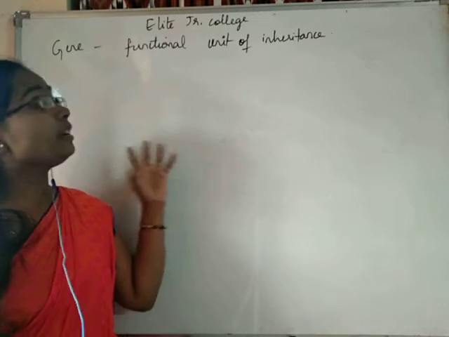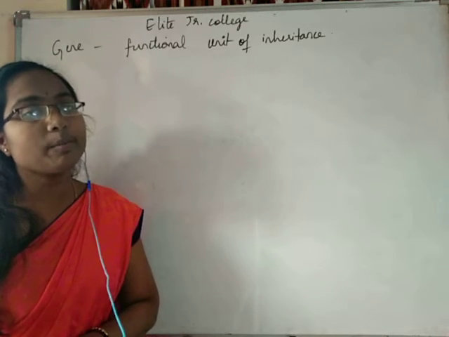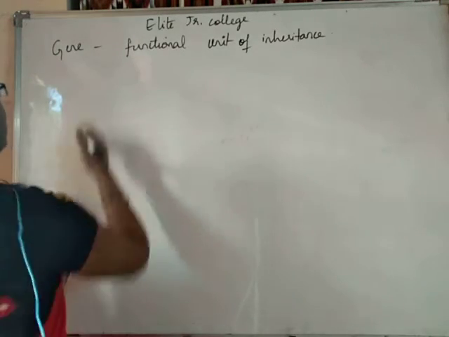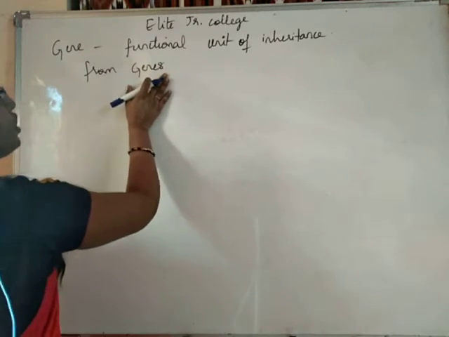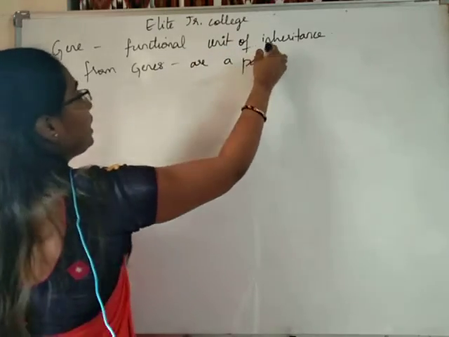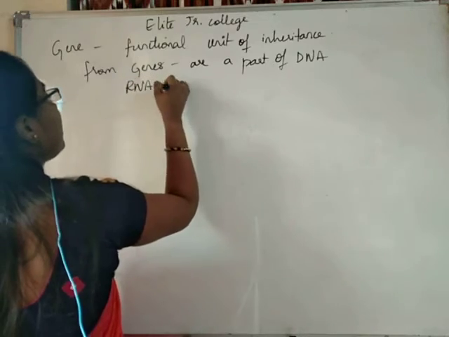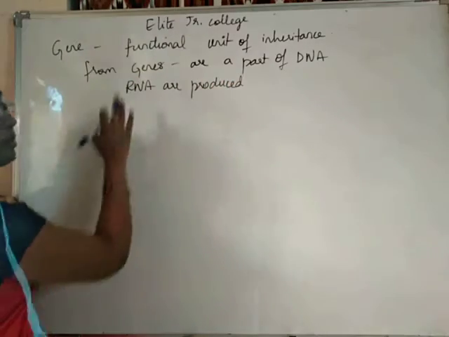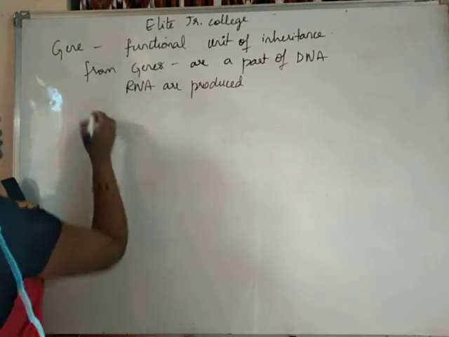From genes, which are a part of DNA, different RNAs are produced by transcription.